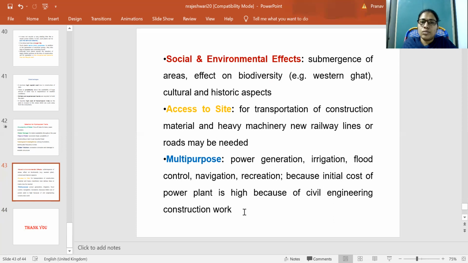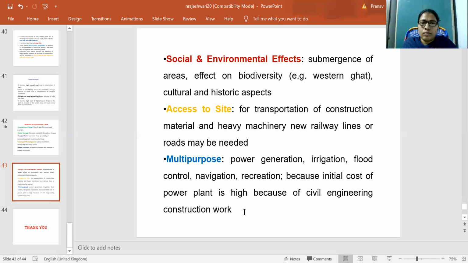If we are constructing a hydroelectric power station, the transportation facility should be available at that site for the transportation of heavy machinery, and railway lines or roads are required, because heavy machinery is transported from an industrial place to the place where the hydroelectric power plant is constructed.